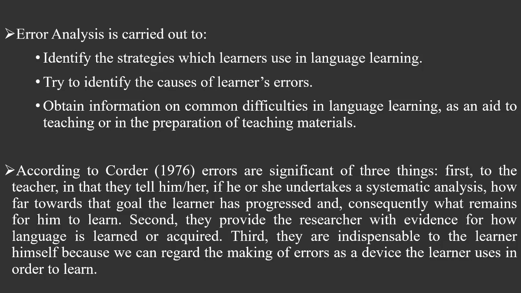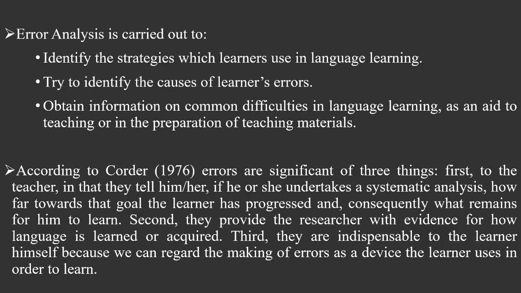They can see whether they are using the good method, the perfect method in teaching, for example. So the errors can tell a teacher what to do. Okay, and they can tell them also the progress of the learners, and consequently what remains for him to learn. Okay, when learners make errors, the teacher knows what to do, how to help his student to overcome these errors.